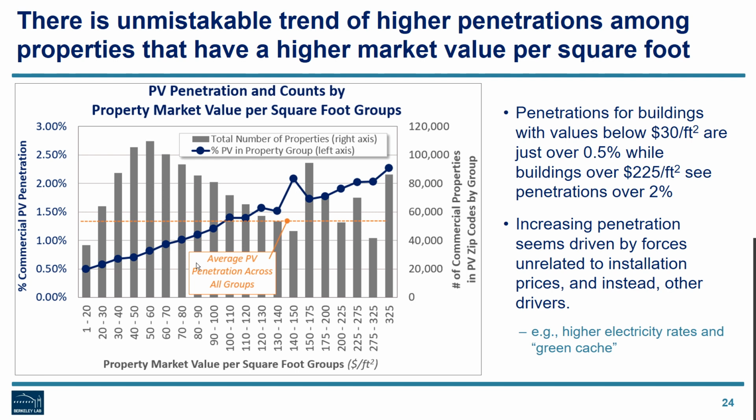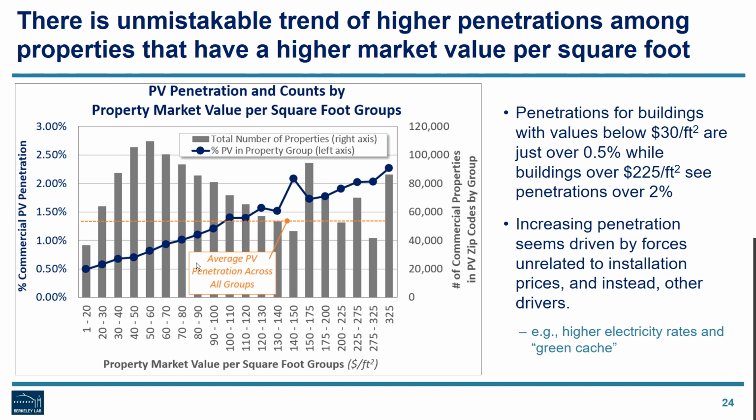What's interesting, though, is we don't see the kind of drivers that we saw in some of the other metrics. For example, higher value buildings actually have smaller roofs than lower value buildings. And in fact, installation costs of these properties increase as the property value itself increases. So there must be something else that's driving this.